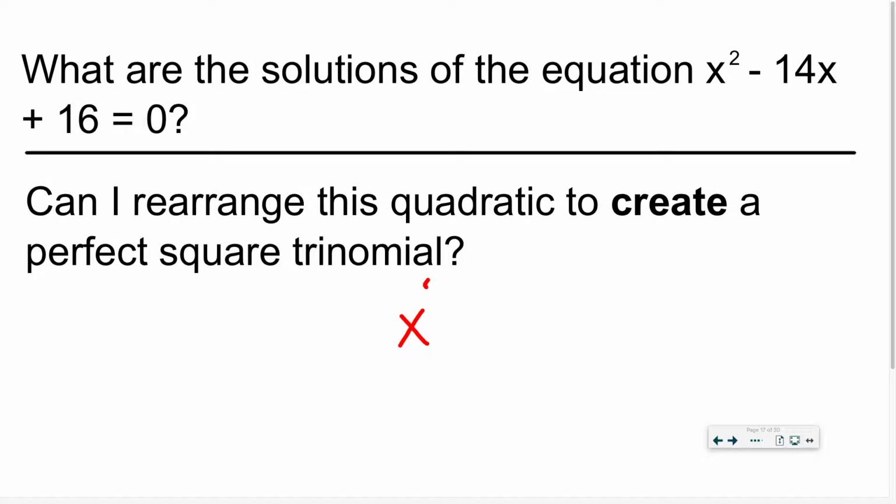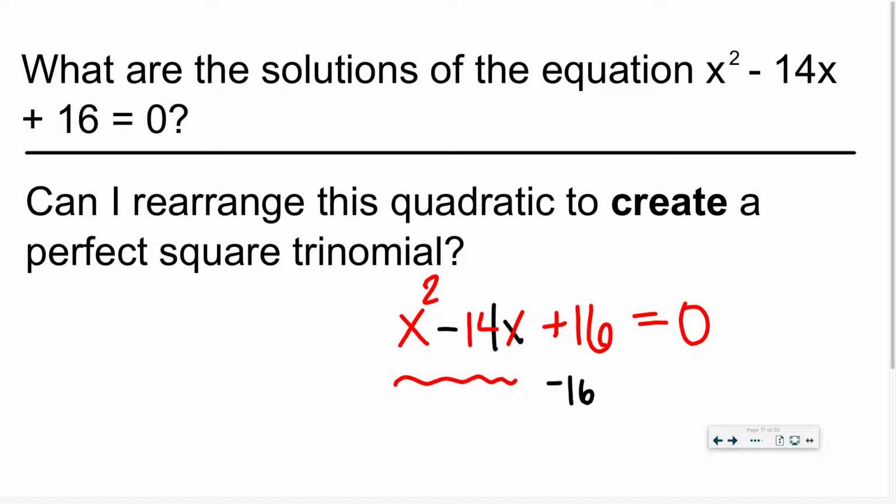So here, I really want to complete the square and find a new c value, but I need to get rid of this first. So I can subtract it. Because now that I do that, I can work my magic, and I can complete my square.